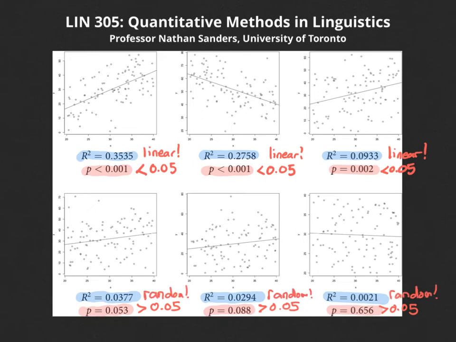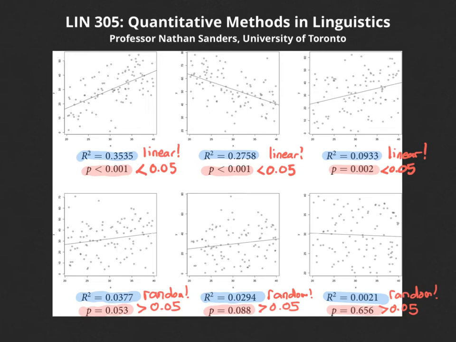There are many reasons why we might get a p-value that is too high. Perhaps the slope is too shallow, or maybe there's too much variation in the data, or a combination of the two. Note that in all of the 3 cases where it's a random relationship, the R-squared value is also fairly low. This makes sense.